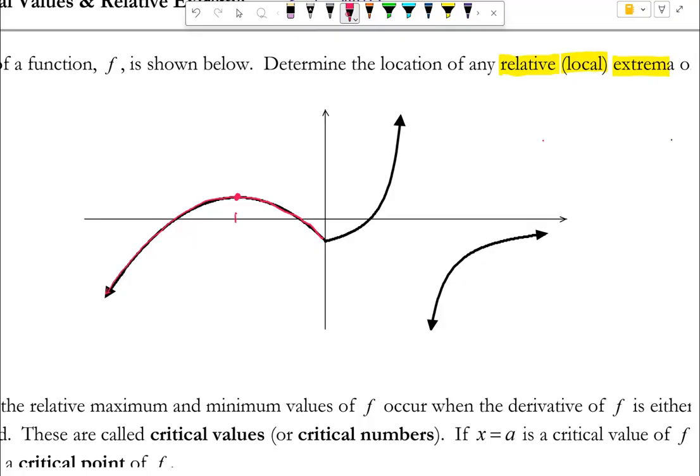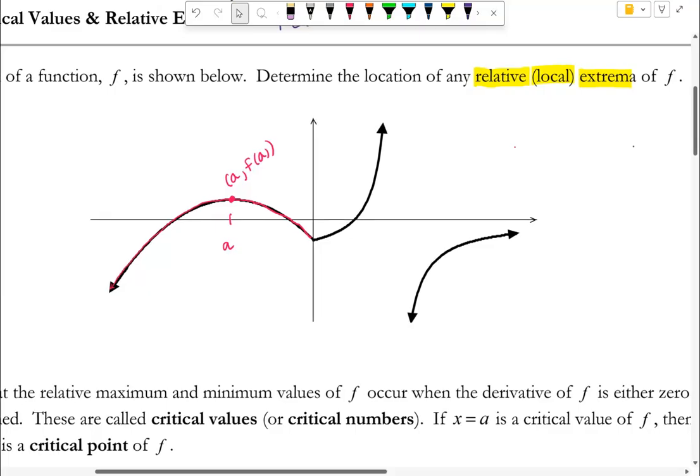So I'm going to call this point A. As an ordered pair, this would be (A, f(A)). So A is the location of a relative maximum value. If I asked you what the actual relative maximum value is, the value is the function value. So the maximum is f(A).